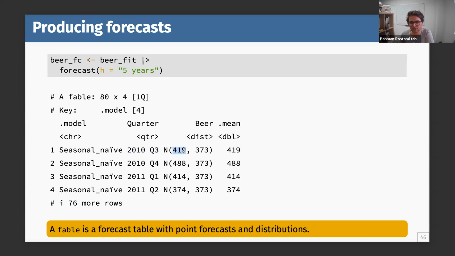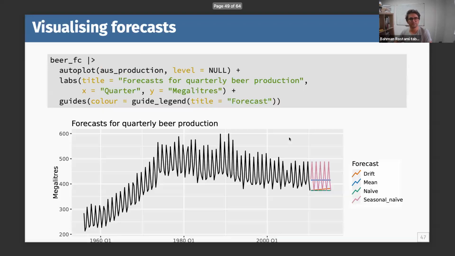So this is the average or the mean of the distribution, and this is the variance. For the probabilistic forecast distribution, this is what we actually have. So we have a column corresponding to that, and we also get a column for the point forecast.